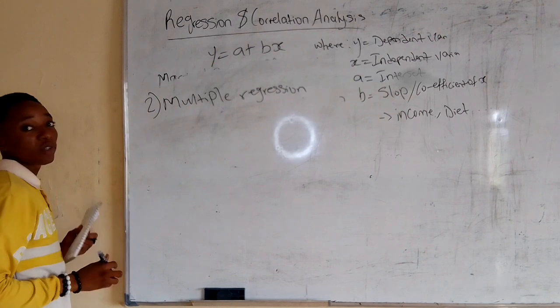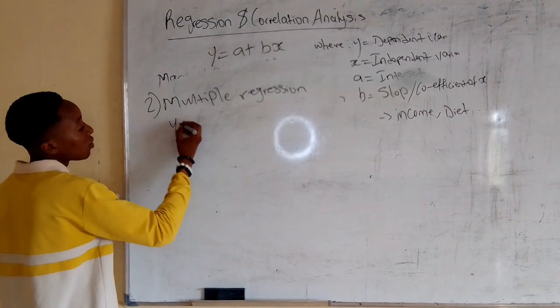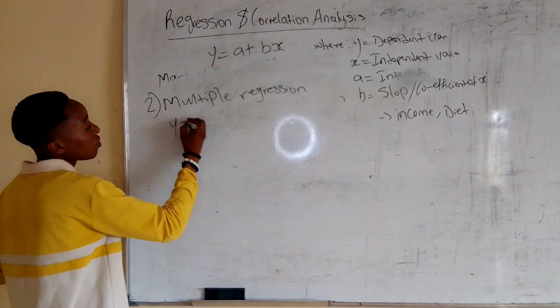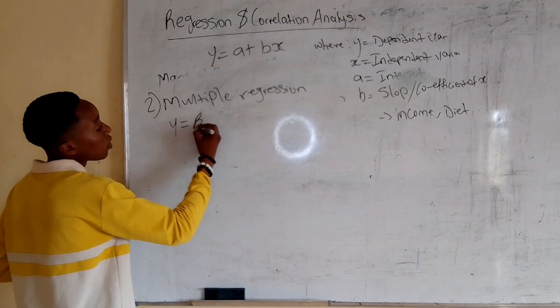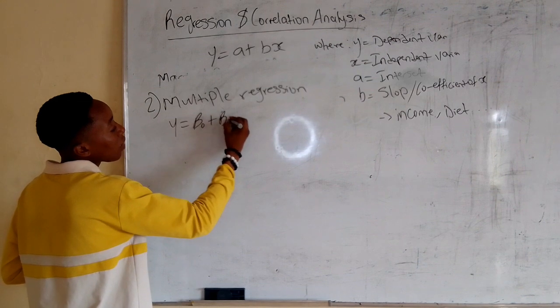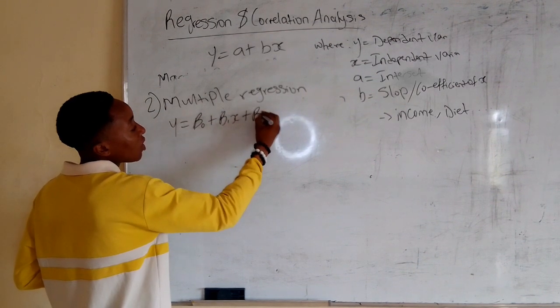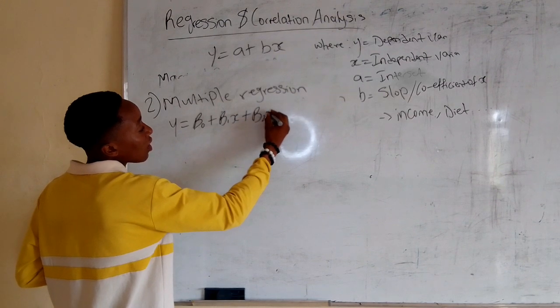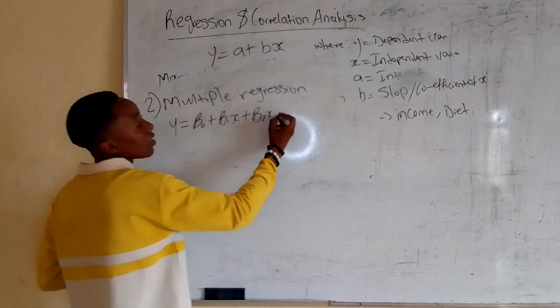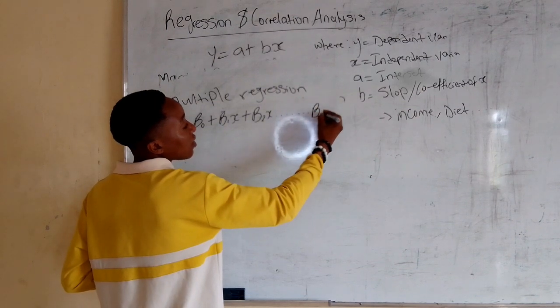Our formula for multiple regression is we have our y, which is our dependent variable, equal to beta naught plus beta 1x plus beta 2x, and it goes on till beta n.